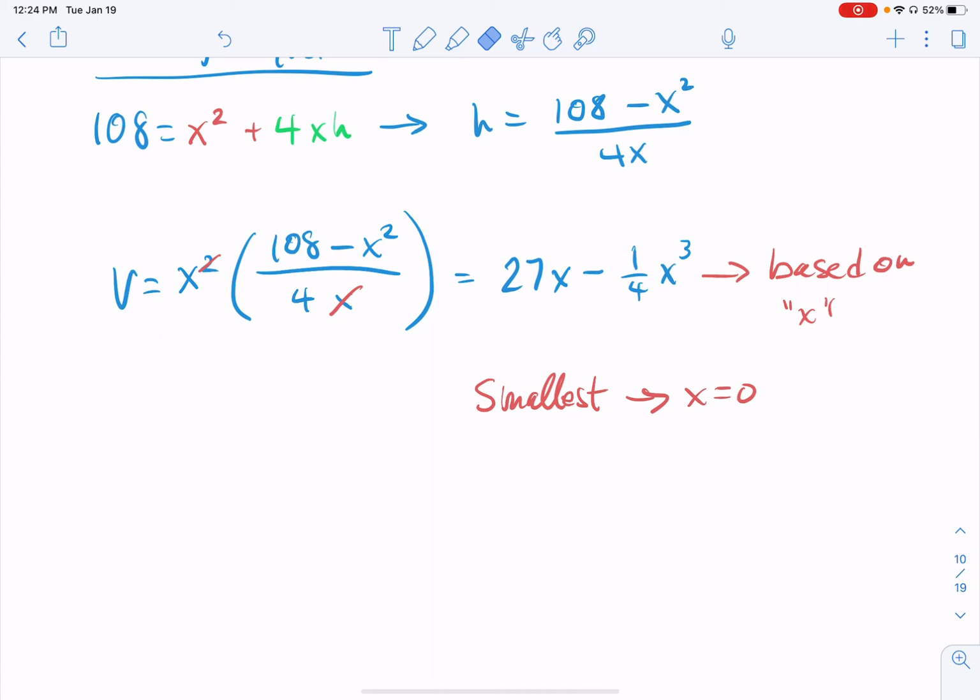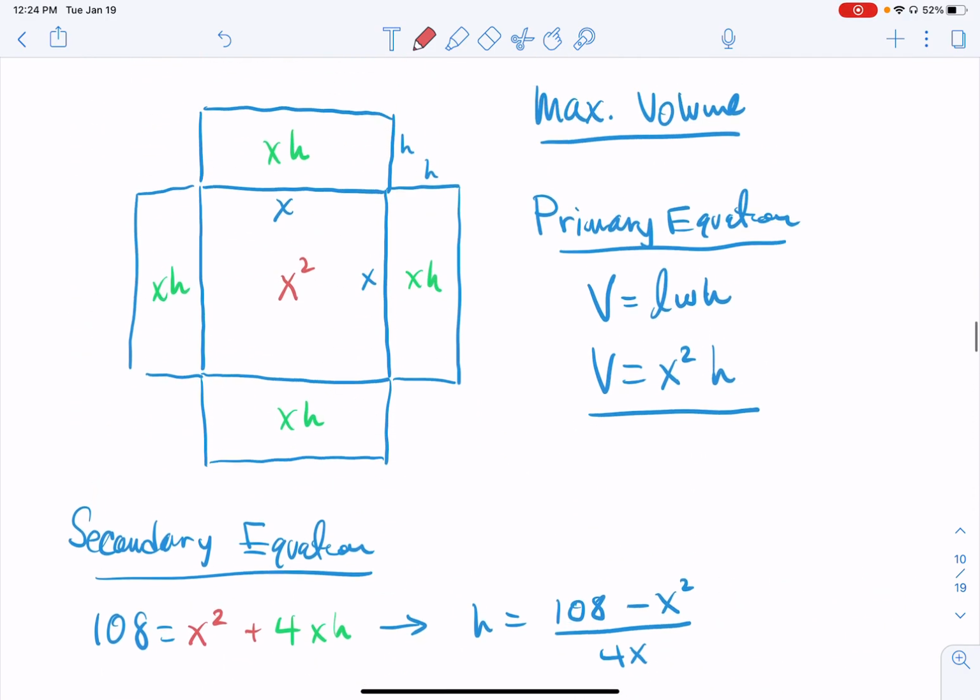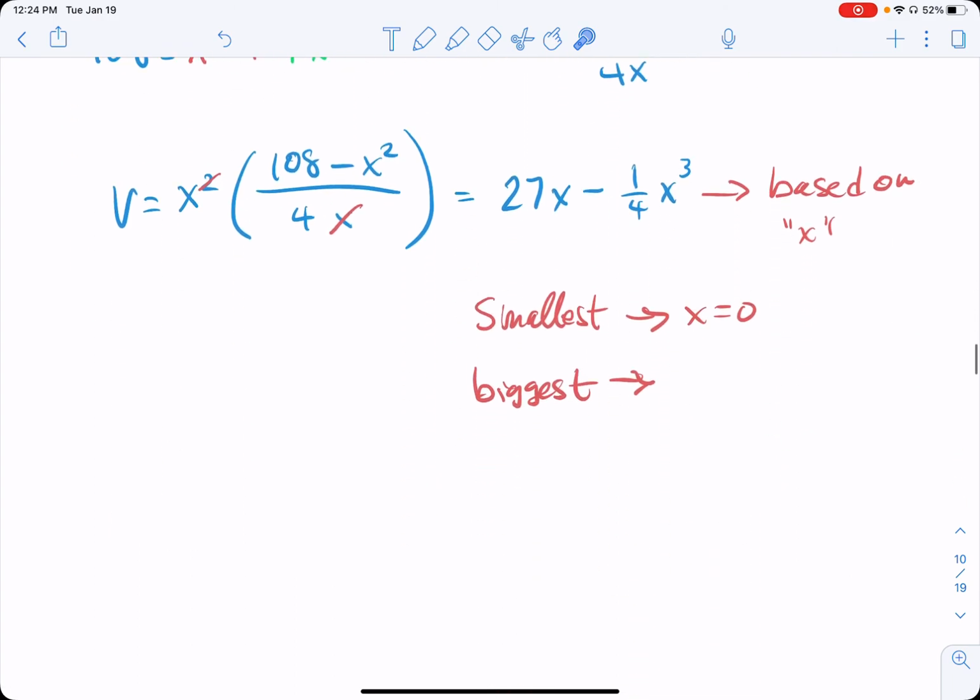And the biggest is going to be when you use your whole entire surface area for this center square that's right here. So I'm going to use my whole entire 108 square inches on just this piece, because these are not going to exist. It's greedy. So 108 is going to be equal to x squared, and then you just take the square root of this thing.